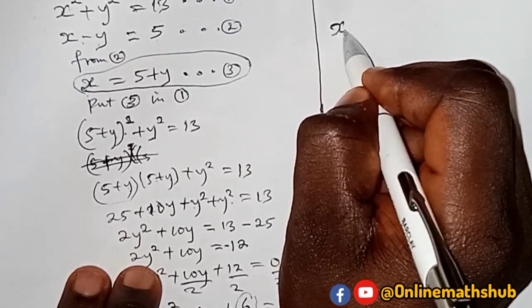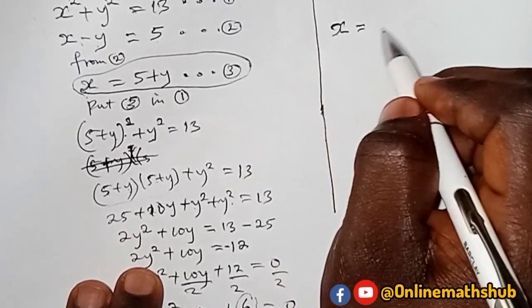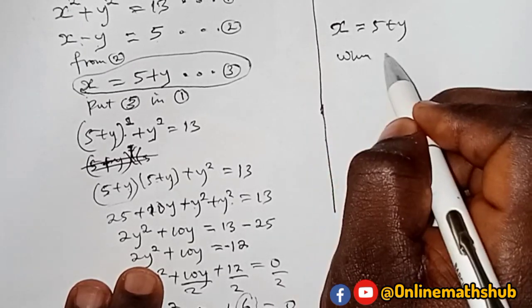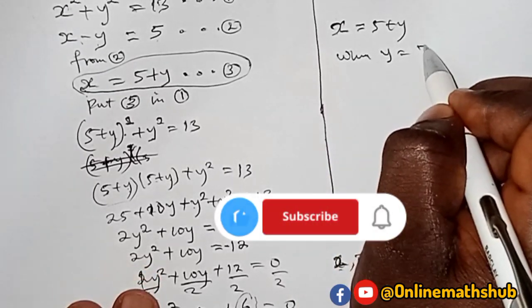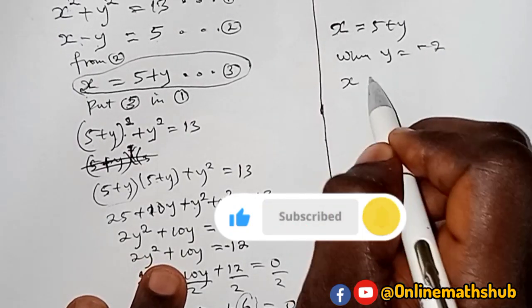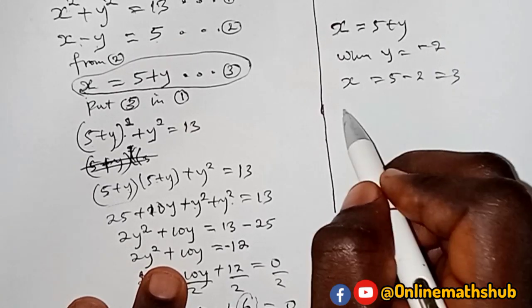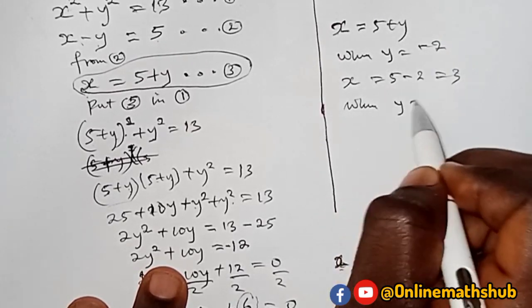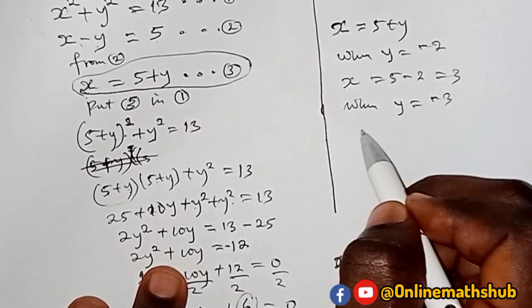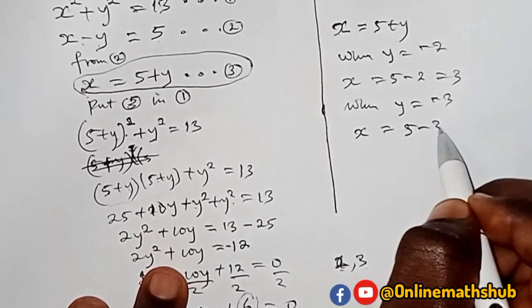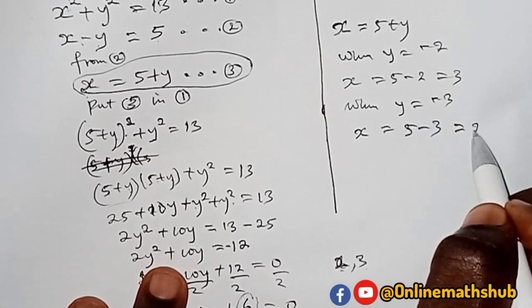So you recall that x is equal to 5 plus y. When y is equal to minus 2, our x is going to be 5 minus 2, which is equal to 3. Then when y is equal to minus 3, our x is going to be 5 minus 3, which will be 2.